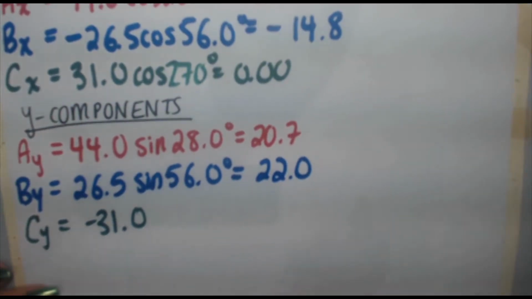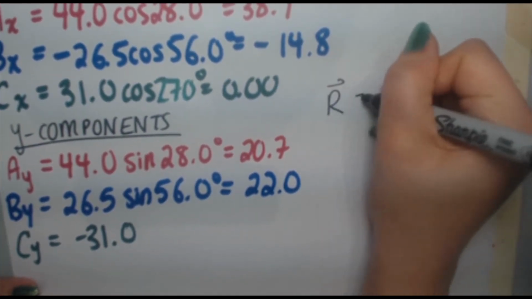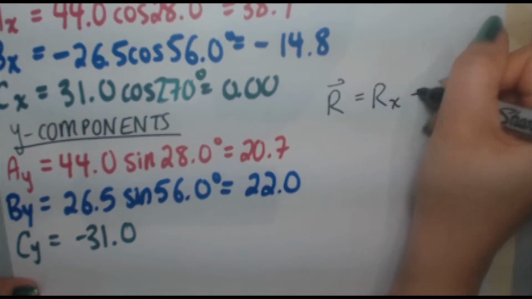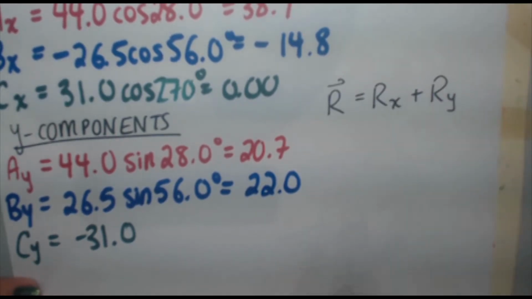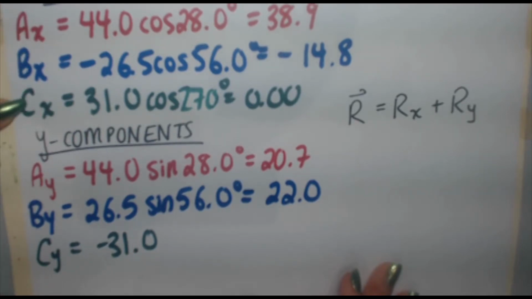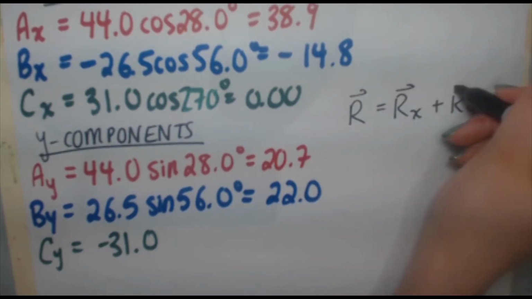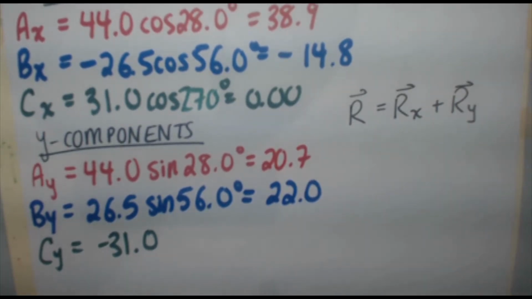Just like in our previous problems, we saw that the resultant is a combination of an X resultant and a Y resultant. And that's why we started breaking up the problem into the X components and the Y components. So what we're going to do is find an X resultant, add all the X's together, and add all the Y's together, and then we're going to add the resultants together, okay, and see what we get.